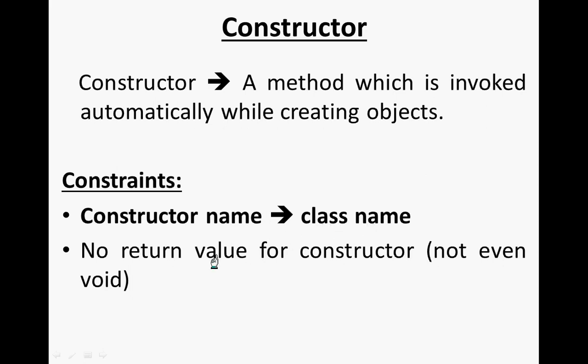Moreover, for this constructor, no return value should be given, not even void. By general, all the constructors return instance of the class. So that is the reason we are not giving the return type.